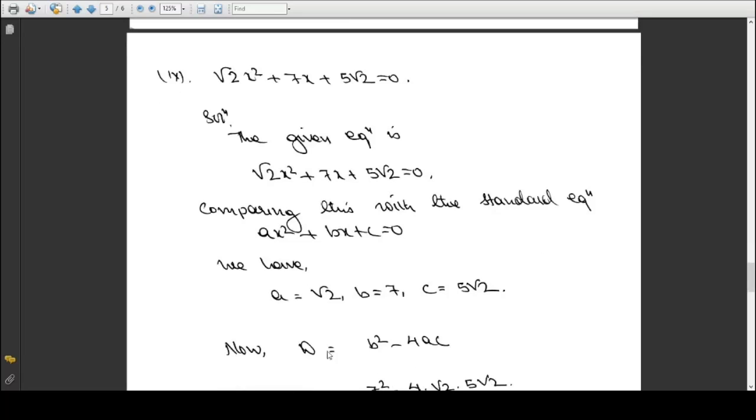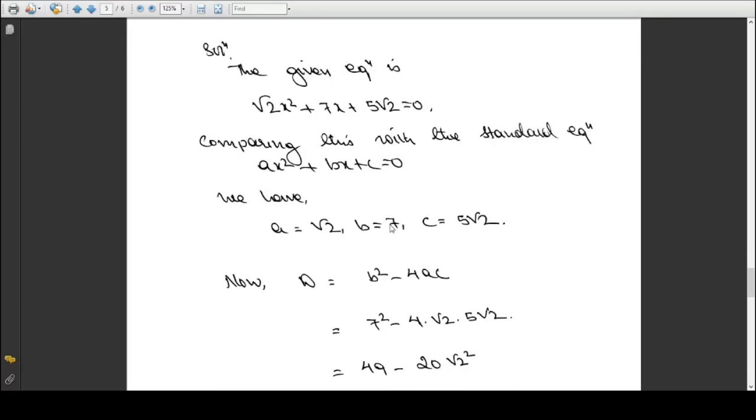Okay. Now the discriminant is given by this formula: B square, that is 7 square, minus 4, A is root 2, C is 5 root 2. 7 square is how much? 7 multiply 7 is 49, minus, now 4 multiply 5 is 20, root 2 multiply root 2 is root 2 square.